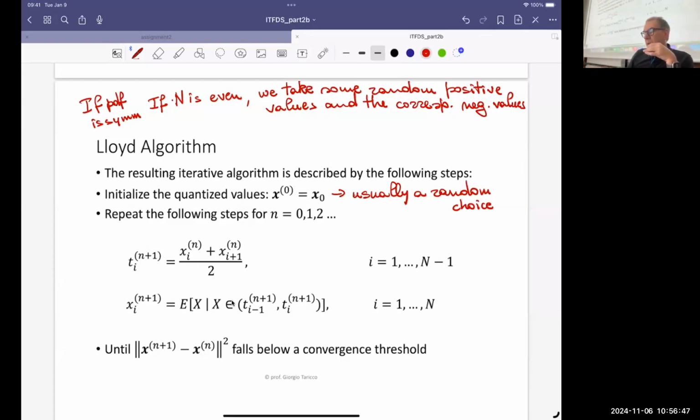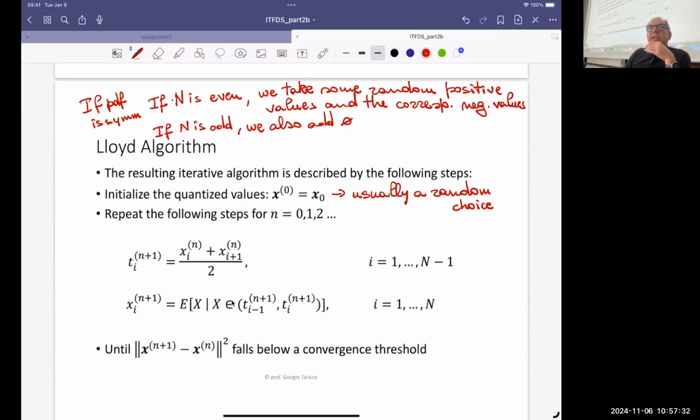If n is odd, it's a little bit different, because we have to add the zero. The zero is always present. So if n is odd, we also add 0. Zero is always present as a quantization point when the number of quantization points is odd and the probability density function is symmetric.